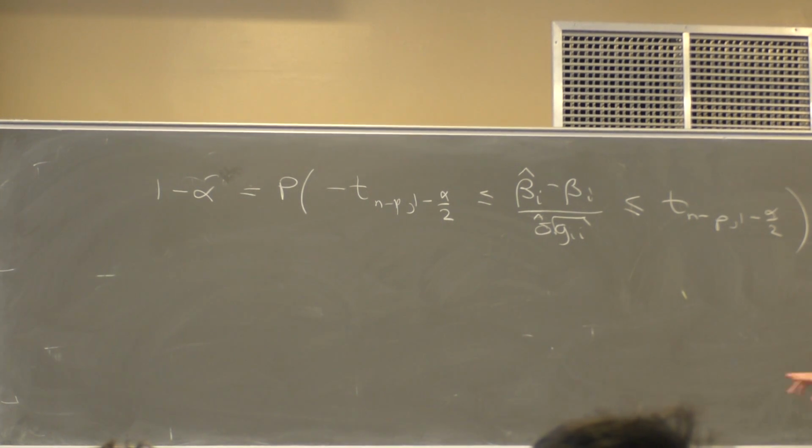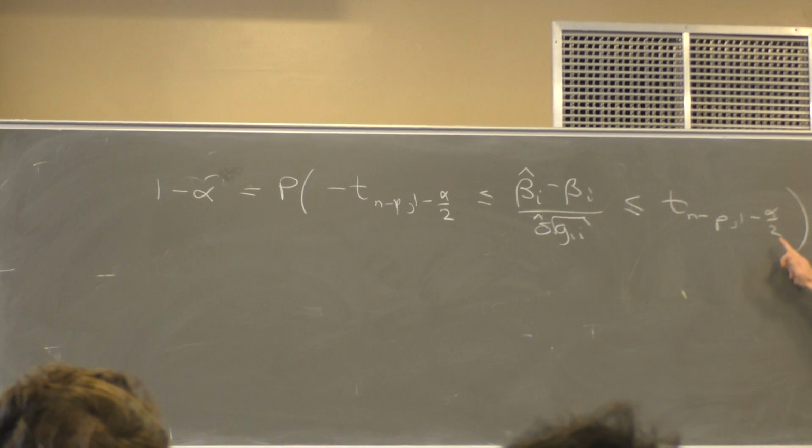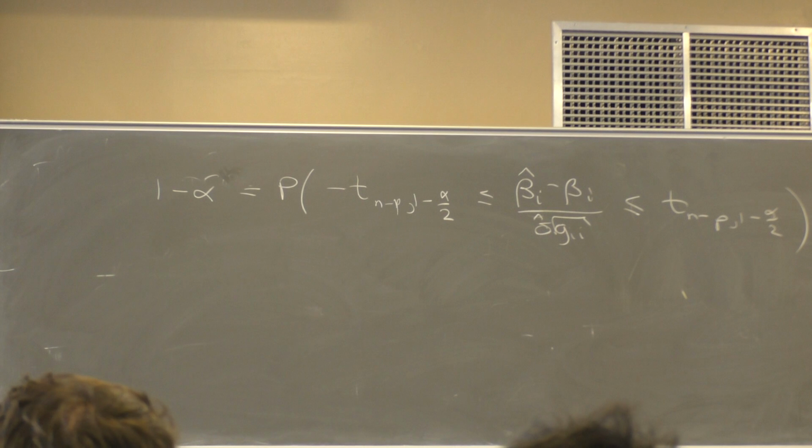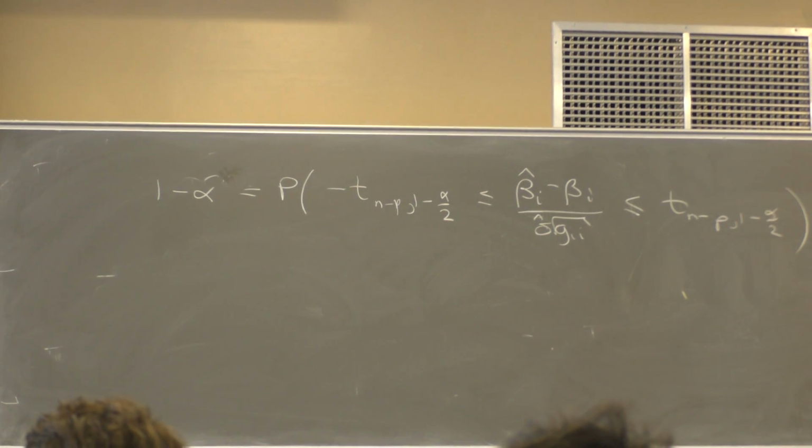So we've defined these things. This one is for the t distribution with this number of degrees of freedom, the value such that the probability that the random variable is above that is alpha over 2. Sorry, I said that right first time.